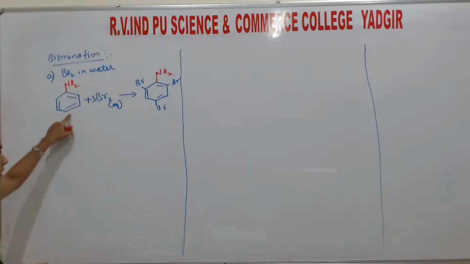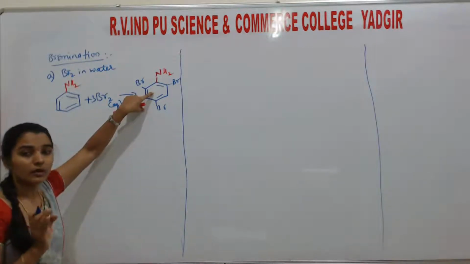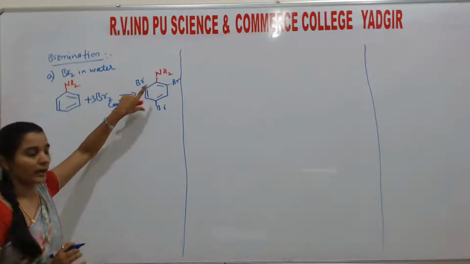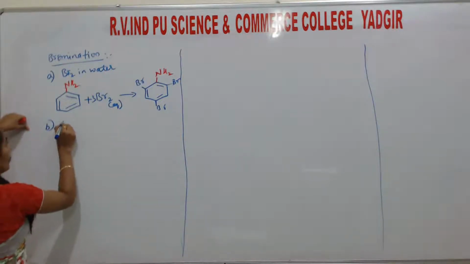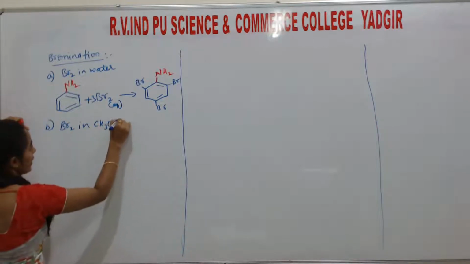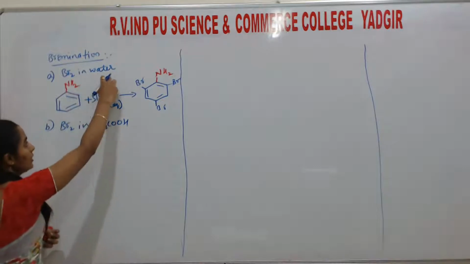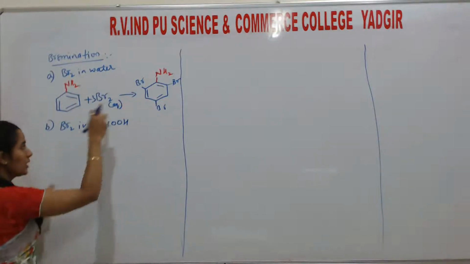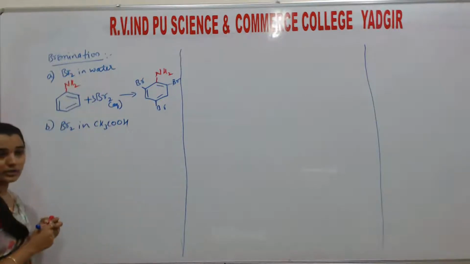So students, here we got a tri-substituted amine, but we want a mono-substituted amine. So for that, the second reaction is bromine in acetic acid. If we take bromine in water, this reaction takes place. If we take bromine in acetic acid, then another reaction takes place.